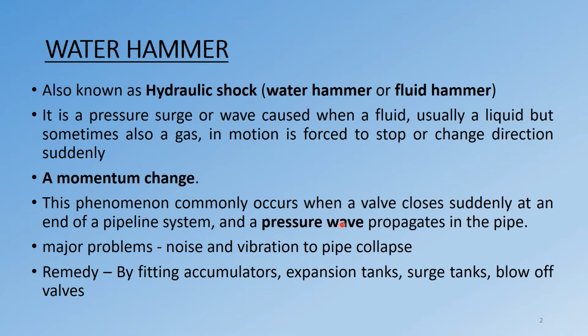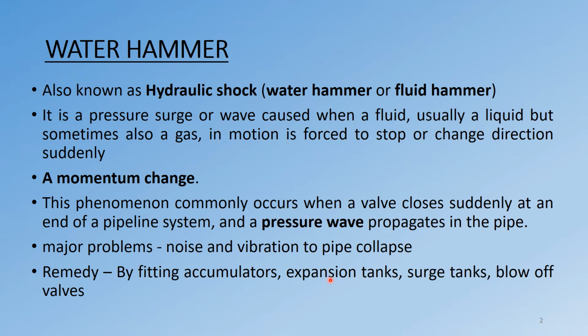And what are the remedies to avoid this? One is by fitting accumulators or providing expansion tanks or surge tanks, blow off valves, etc. So the idea here in all these cases is to reduce the intensity of the change or the stoppage.